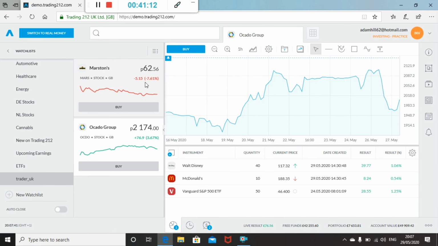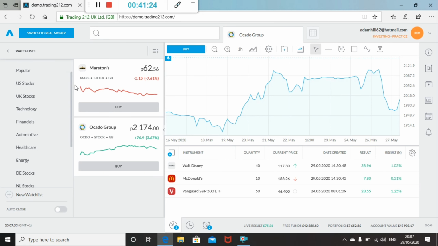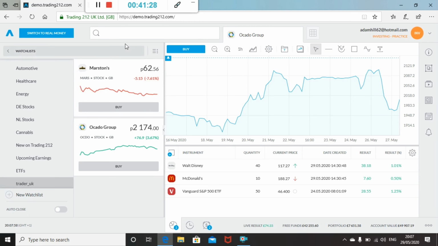If you want to search for and buy shares in a particular company, you have a couple of options. You can use your watch list on the left-hand side, and you can find the product by looking in the US stocks or UK stocks or energy sector, whatever it might be, or you can use the quick search function. So we'll try using that.